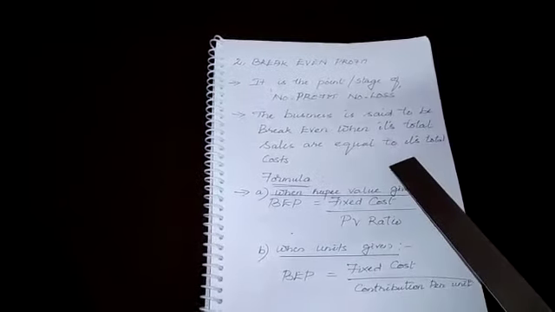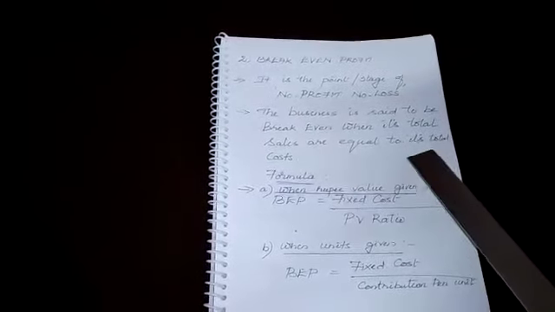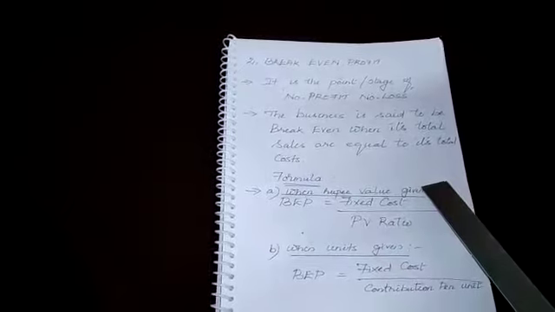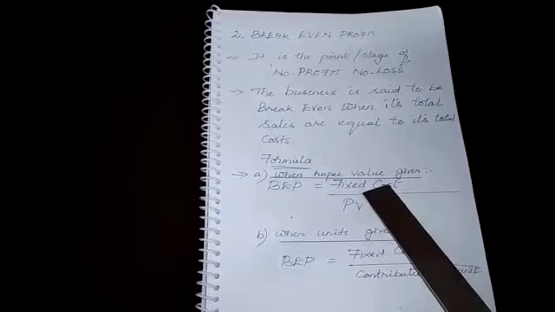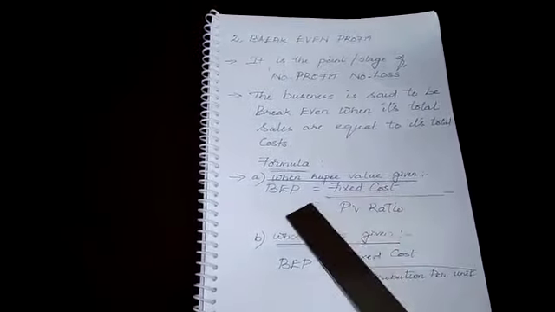Here there are two situations. One is if the values are given in rupees. If fixed cost, variable cost, sales are all given in rupees, then we can make use of this formula. Break even point is equal to fixed cost divided by PV ratio. And the second situation is when the values are given in units.